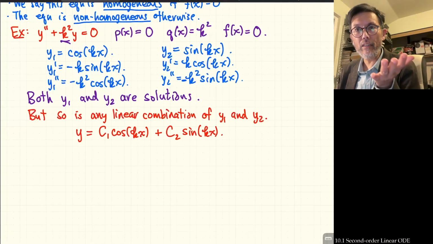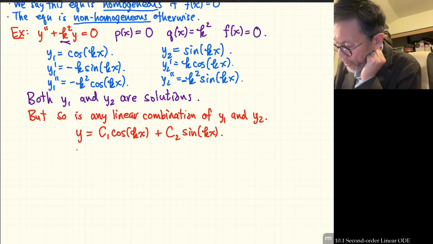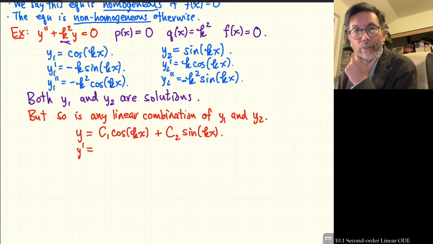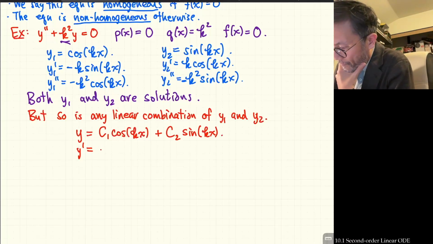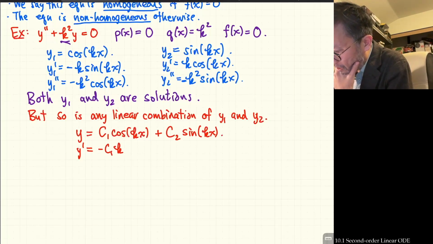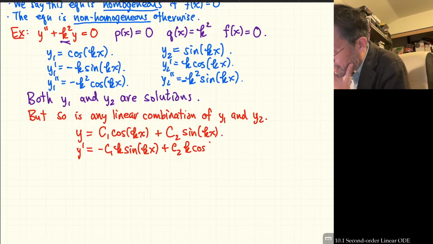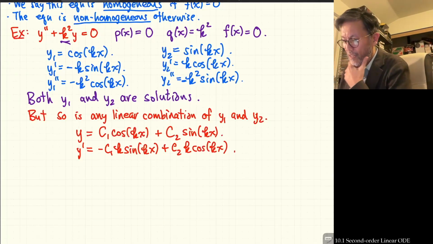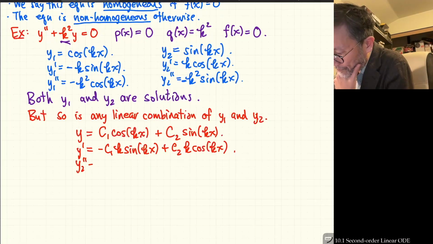Do we need to check it? We can check it. Just real quick, what's y prime? This is negative c1k sine kx, plus c2k cosine kx.